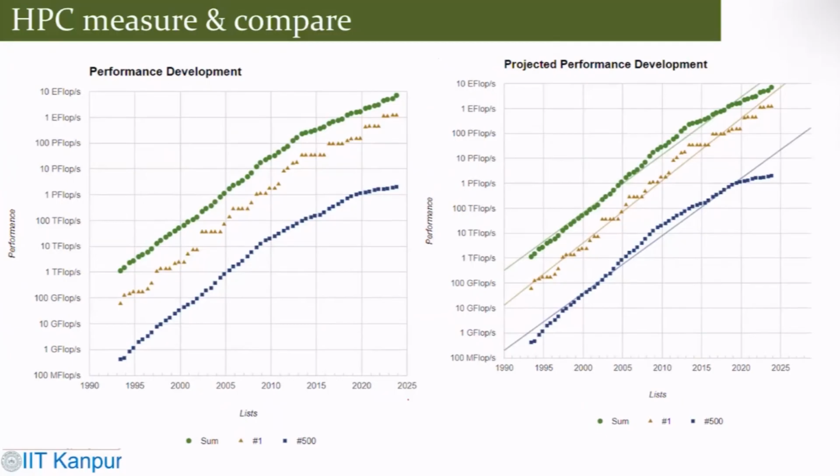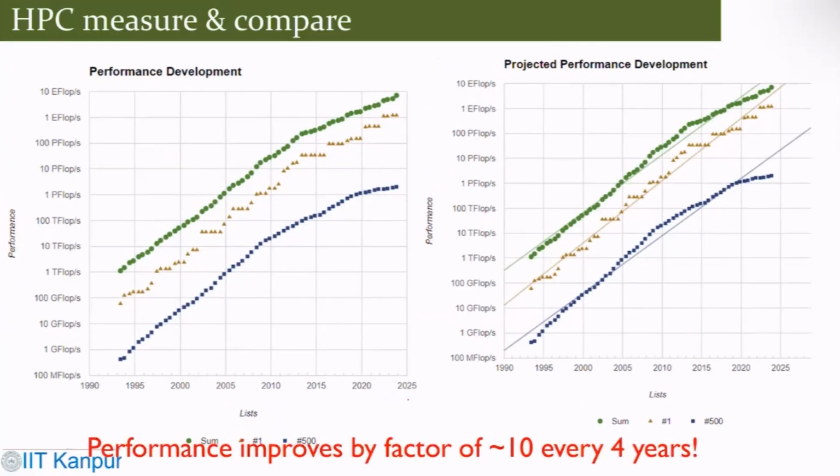So that means the computers are going to be quite powerful. The performance improves by a factor of 10 every 4 years. So you can think about the kind of calculations you can do today. Maybe 4 years down the line, you could do problems 10 times more complicated.